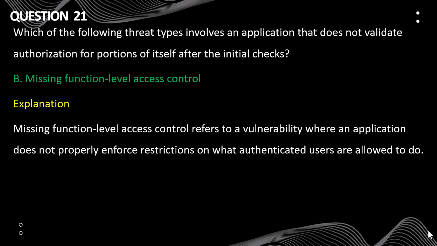Without continual checks each time a function is accessed, a hacker could forge a request to access portions of the application where the authorization has not been granted. This weakness can allow authenticated users to access or perform certain functions that they should not be able to, and this can lead to unauthorized access to sensitive data or functionality.